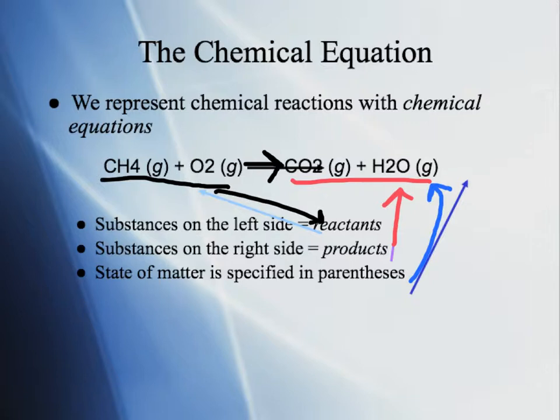And don't forget, anytime we've got these little numbers, they're going to be subscripts. So CH4 in the gas form plus oxygen in the gas form is going to react to form carbon dioxide in the gas form and H2O in the gas form.